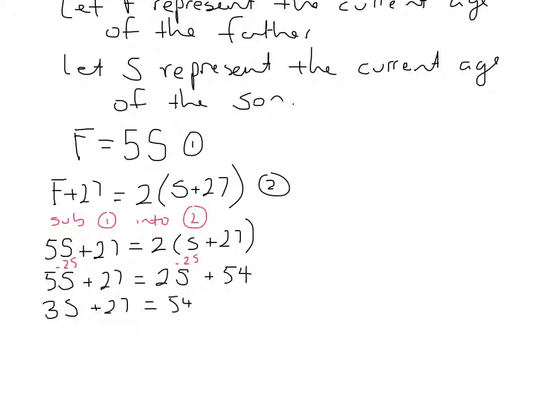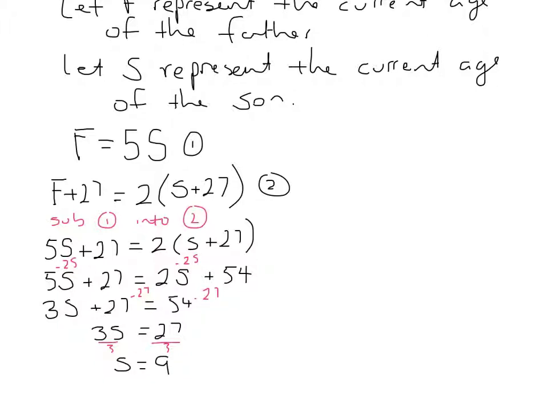I'm now going to take away 27 from both sides, which leaves us with 3s is equal to 27. And then if we divide both sides by 3, we end up with the son's age is 9.